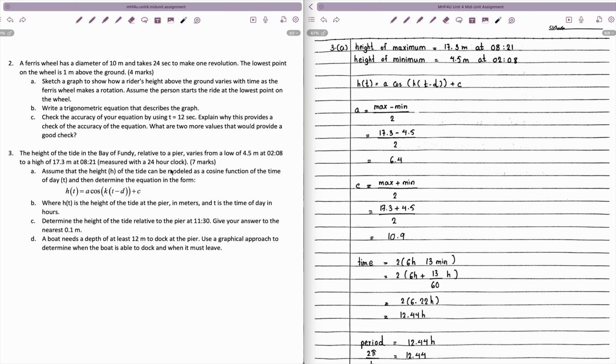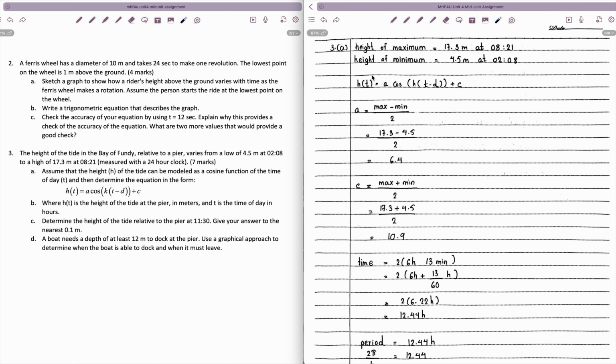For number 3, the question gives that the height of maximum at 8 hours 21 minutes is 17.3 meter, and the height of minimum is 4.5 meter at 2 hours 8 minutes.